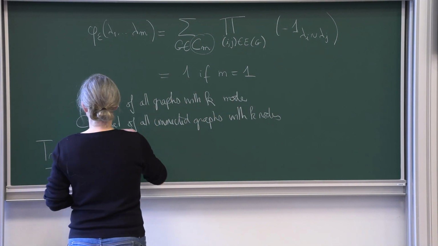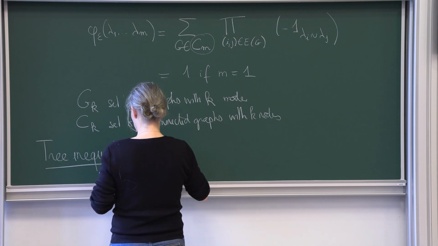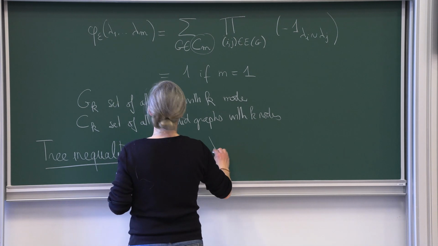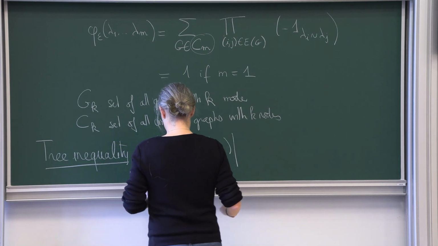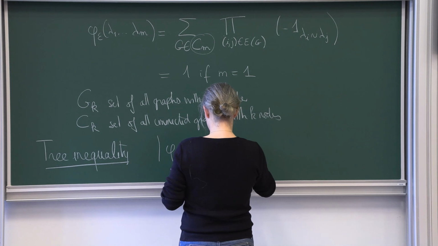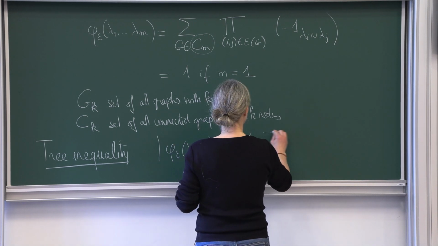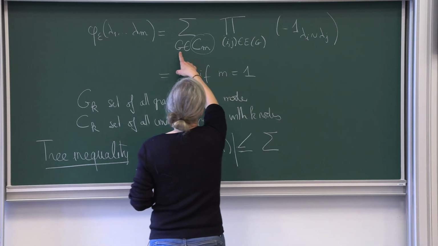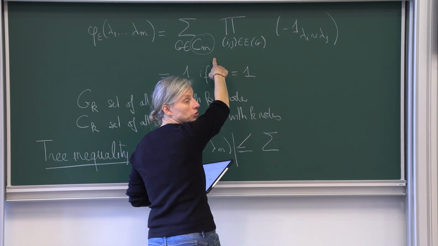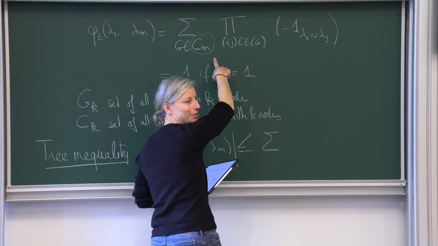What you can prove is that the size of this phi epsilon is smaller than the sum where now you don't take all the graphs which are connected, but all the trees, meaning that they are minimal graphs.